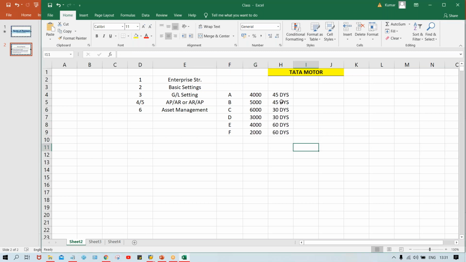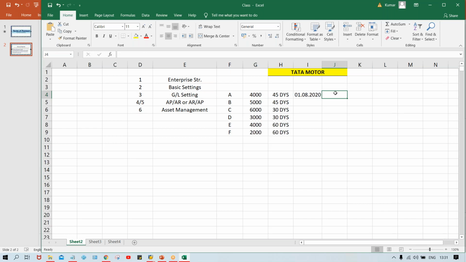Now, let's suppose there are 100 different kinds of payment terms. How is it possible to remember them? Let's suppose this 4,000 worth of invoice we have posted on 01/08/2020. On which date is it going to be due?